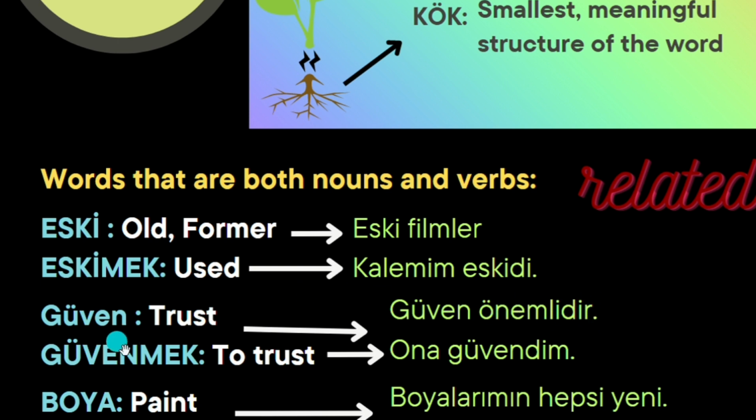Okay, but we can use this also in verb form. Güvenmek, it means to trust. For example, ona güvendim. I trusted him, or I trusted her.